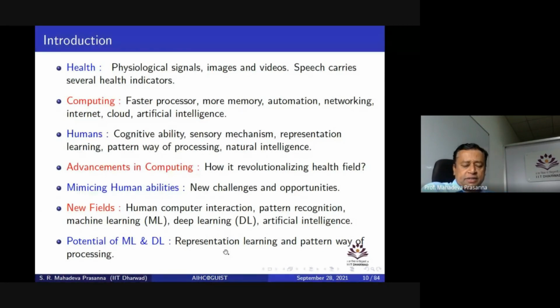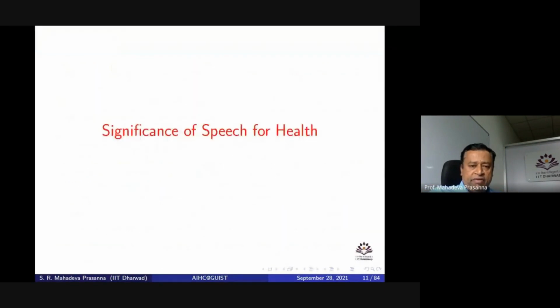Representation learning is for feature extraction, and pattern-wise processing is building models or clusters. So, in this session, I will be explaining how we can exploit representation learning and pattern-wise processing features of machine learning and deep learning models for health diagnosis.